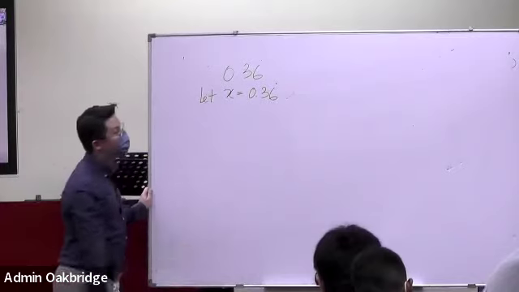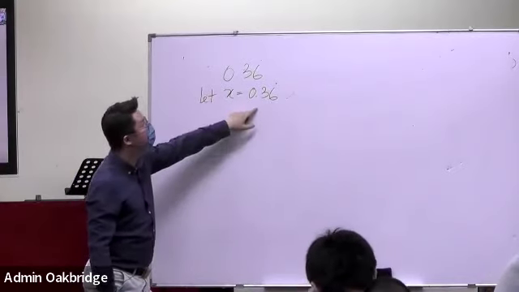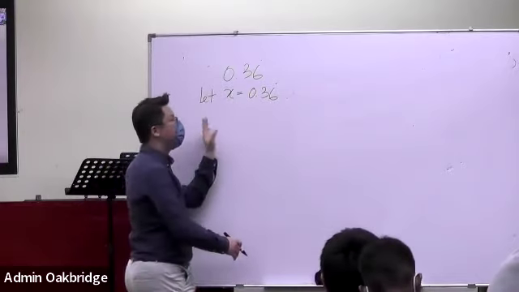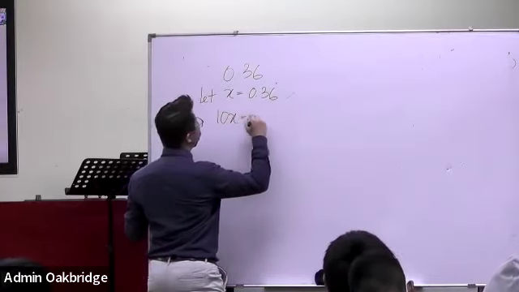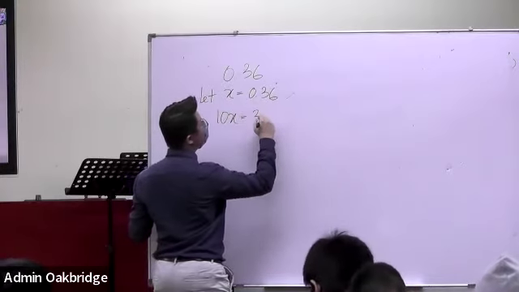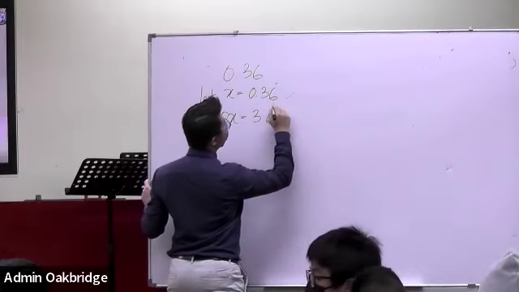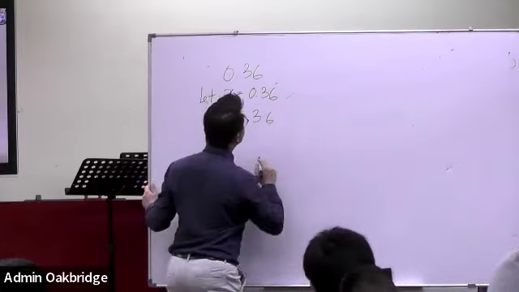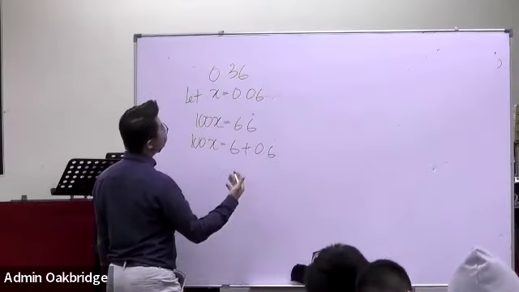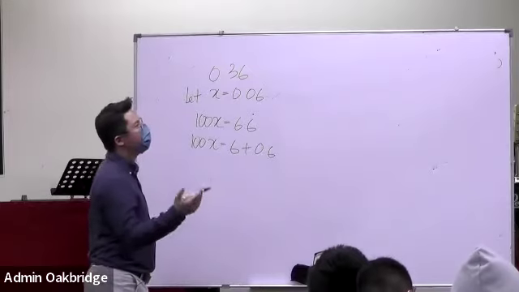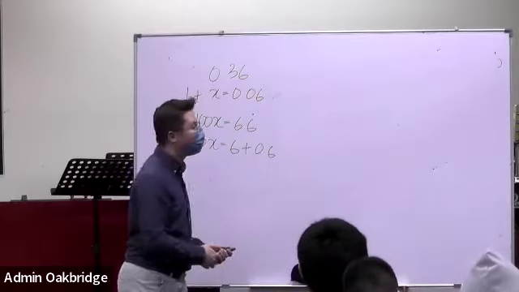And then you have to recognize that this is one recurring decimal digit. So you should times this equation by 10. Move the decimal point to the right. 3.6666. Let me check. 3.6 minus x. Is it minus x? Yeah, I forgot I did one extra step.